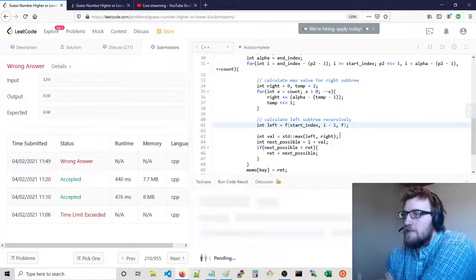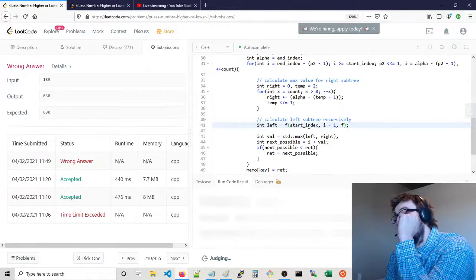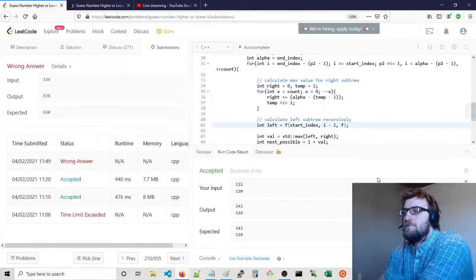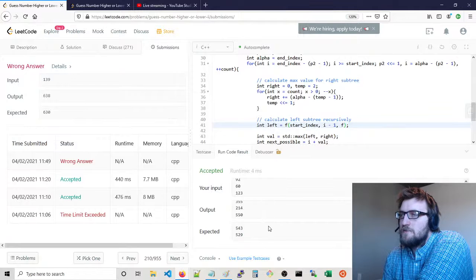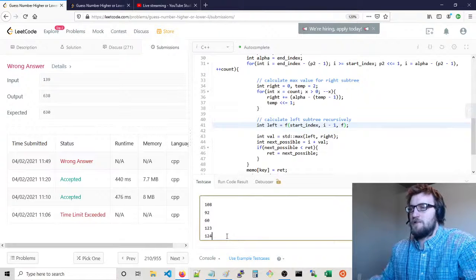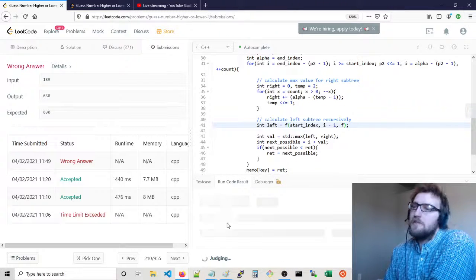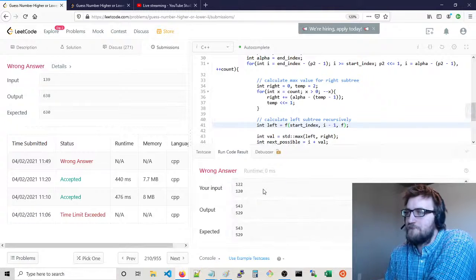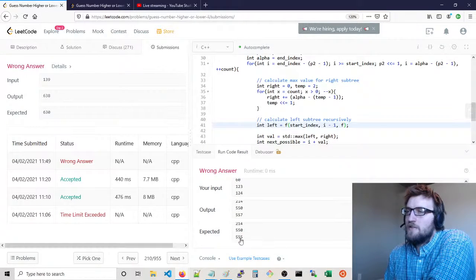So are these all correct? Let's start with that. Oh, no kidding. 124 is the one that breaks. All correct up until that point, right?